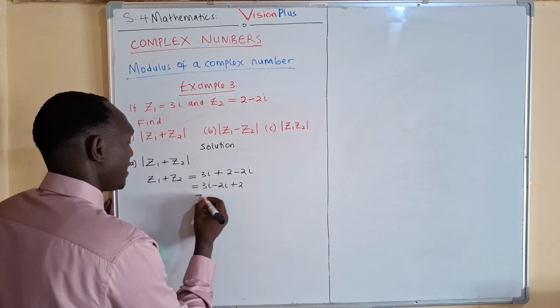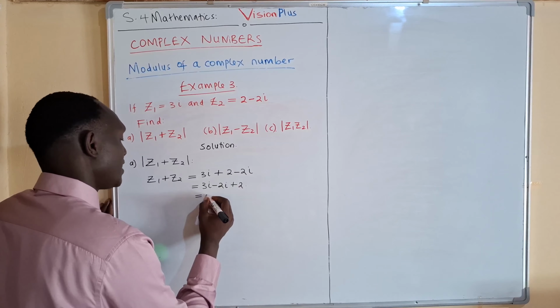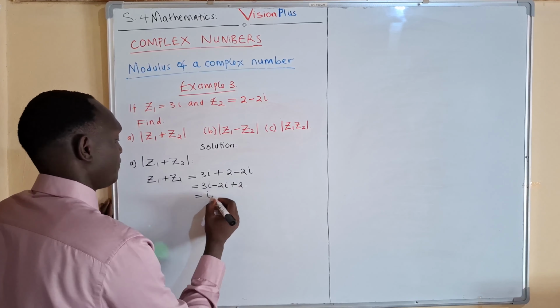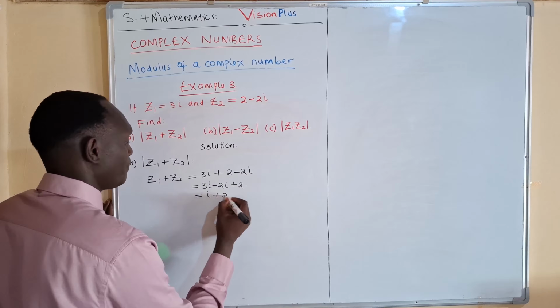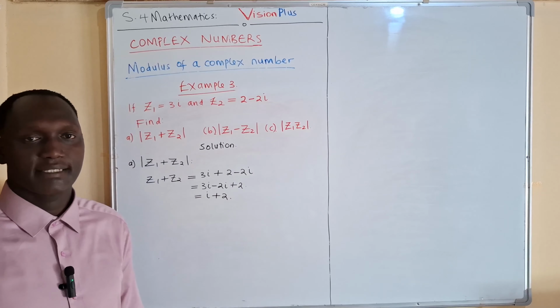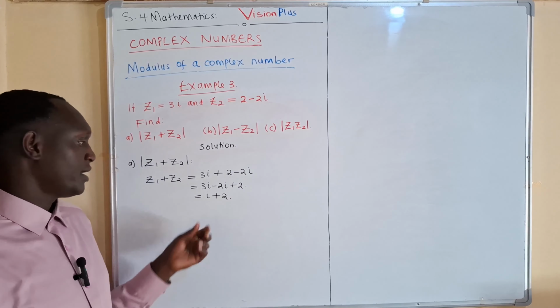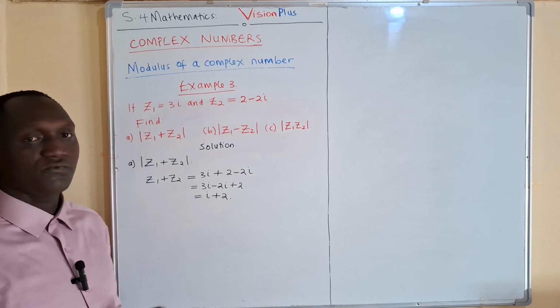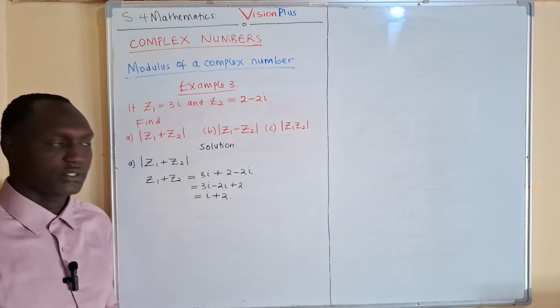What is 3i minus 2i? That is simply 1i, which is the same as i. It is i plus 2. Now we have got the value of z1 plus z2, and this is the one for which we are going to get the magnitude.